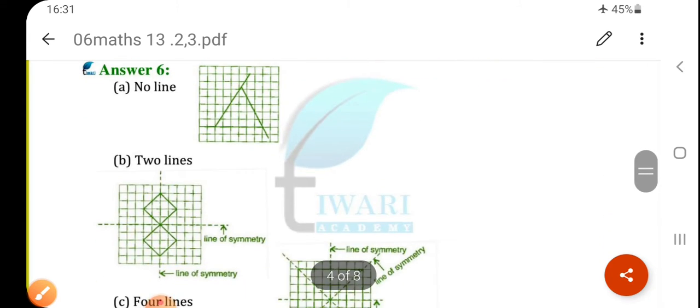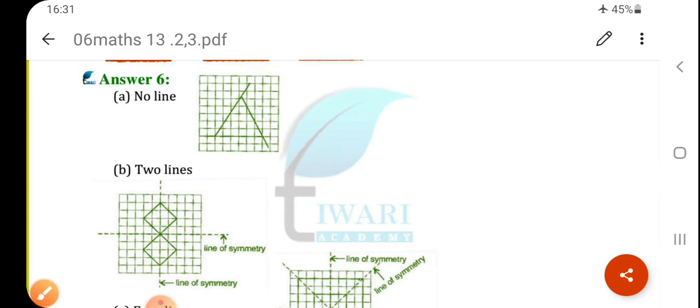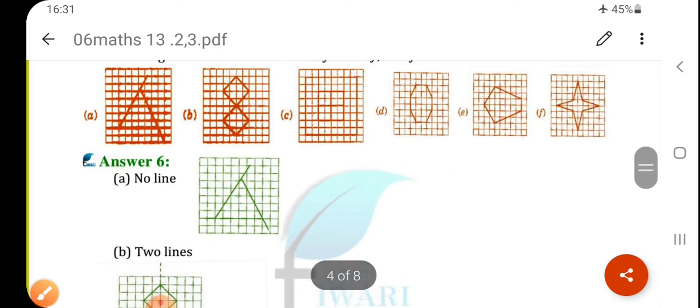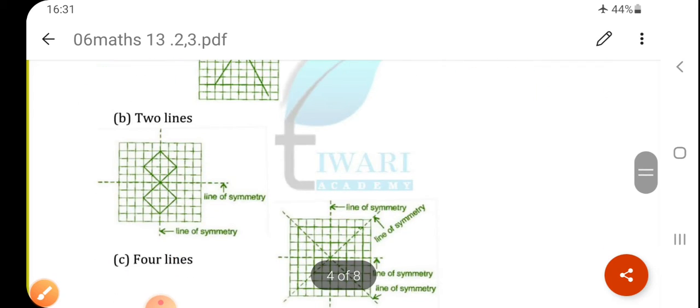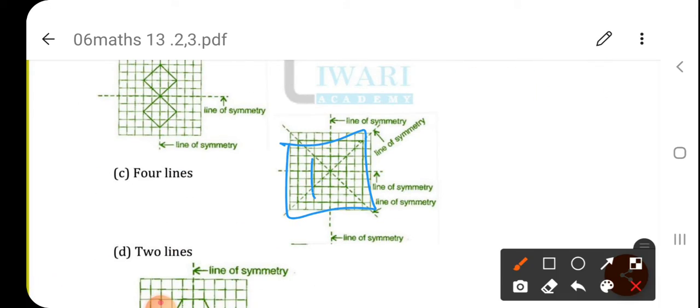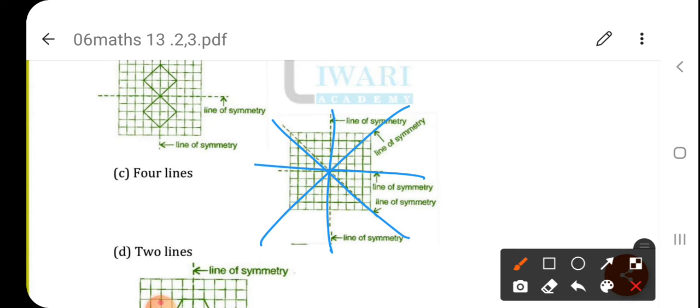Second one, yes, horizontal and vertical, both lines of symmetry are possible. Third one, two squares are given, outer square and inner square. So 4 lines of symmetry are possible: vertical, horizontal and 2 diagonals.